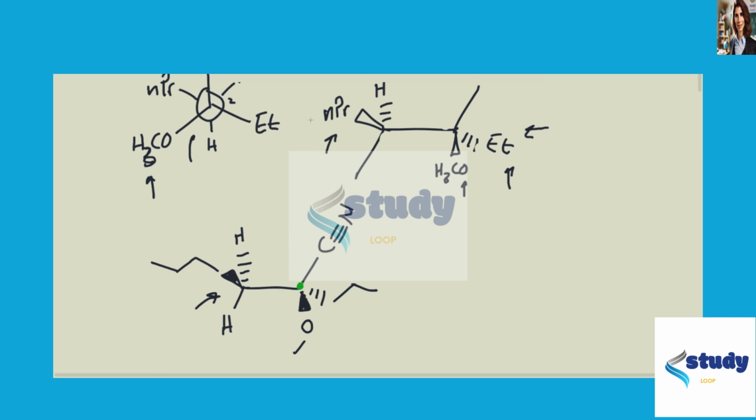Well, we've got to assign priority to all our groups, right? Oxygen, this bond to oxygen is going to be the highest. Next would probably be this carbon with 3 bonds to nitrogen. Then we've got to decide between this is a CH2 with a 2 carbon chain coming off of it, and this is a CH2 with a 3 carbon chain coming off of it. So it sounds to me like the CH2 with the 3 carbon chain off of it is going to be higher priority.